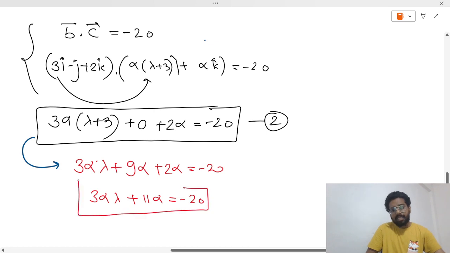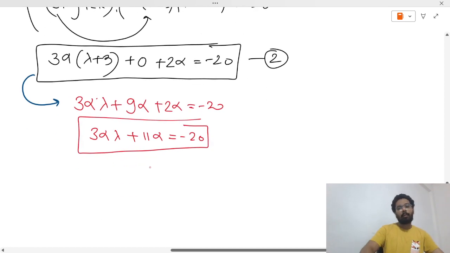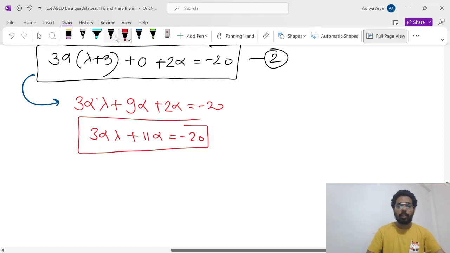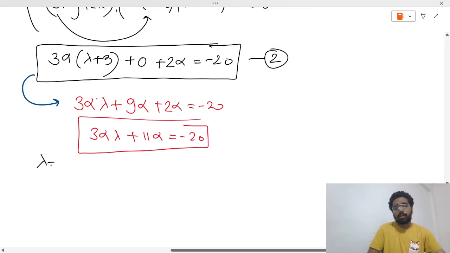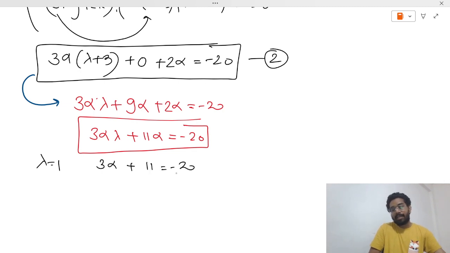Now, I have some kind of intuition. Alpha can be 1 or minus 1. Let's imagine alpha equals 1, then what will we have? 3 into lambda plus 11 equals minus 20.